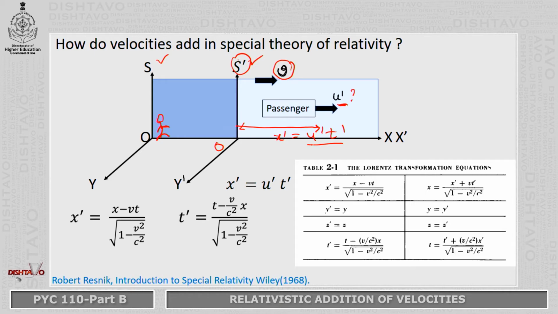So, x prime is equal to u prime into t prime. Now, we are going to use the set of Lorentz transformation equations which you have already derived. I will pick up from this table the value of x prime and the value of t prime. This is what I have mentioned here on the slide, x prime and t prime.